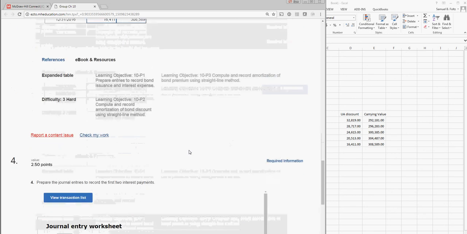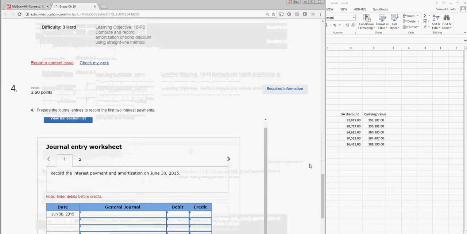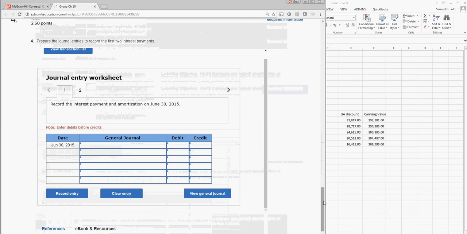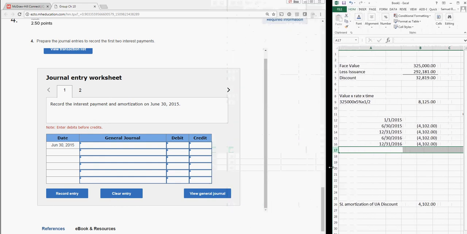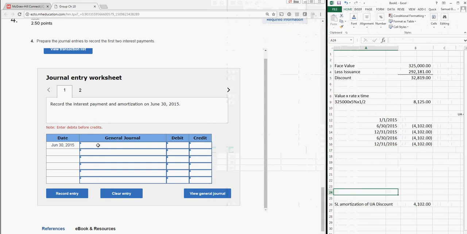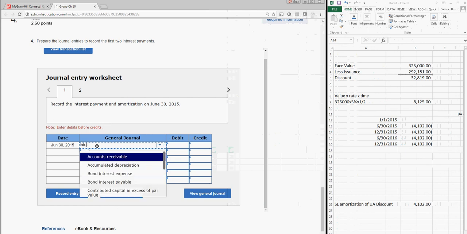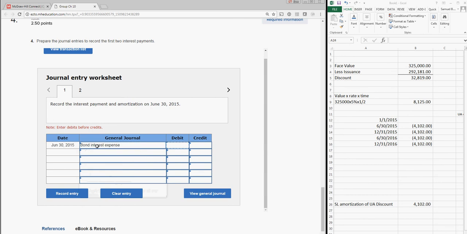All right, so now we get down to the last of the group work, and it asks us to record the interest payment and the amortization on June 30th of 2015. I'm going to pull my Excel sheet back down. All right, so when we're paying interest, certainly interest expense is going to be our debit. It's bond interest expense, and I just want to go ahead and flesh this out.